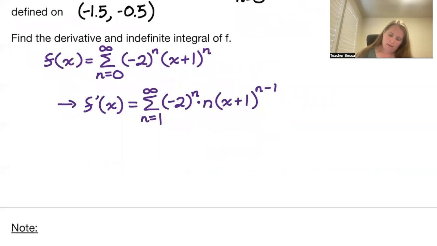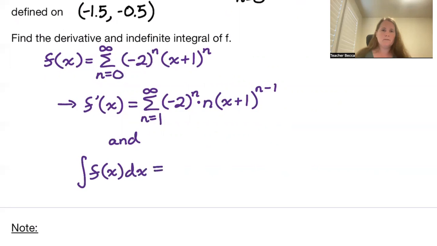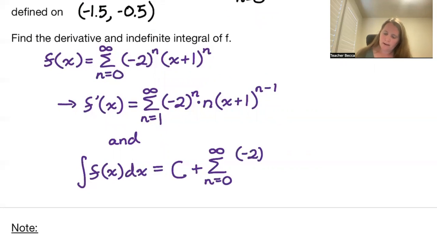We also have that the integral of f of x dx is equal to the constant C plus the sum from n equals 0 to infinity of, we take our -2 to the n, that again is just a constant along for the ride.